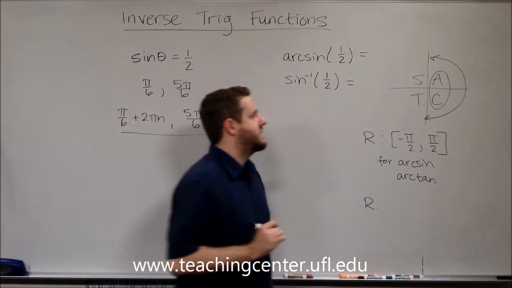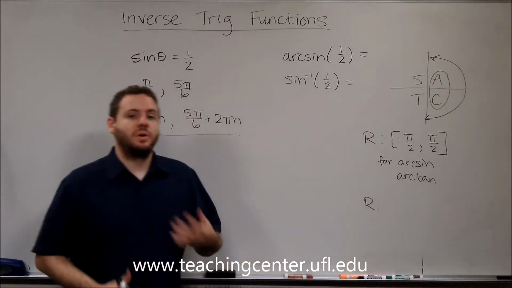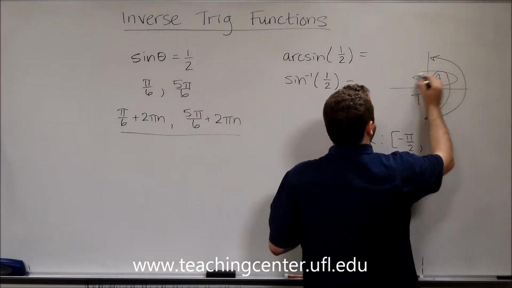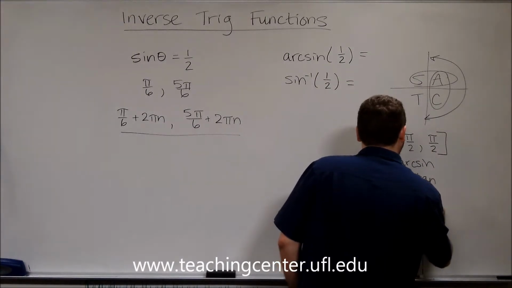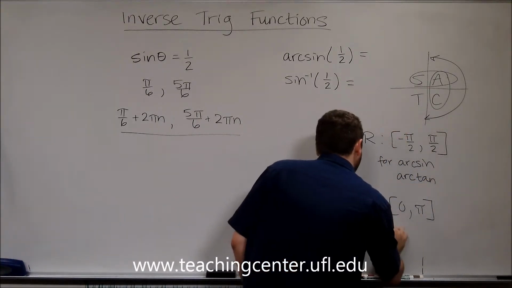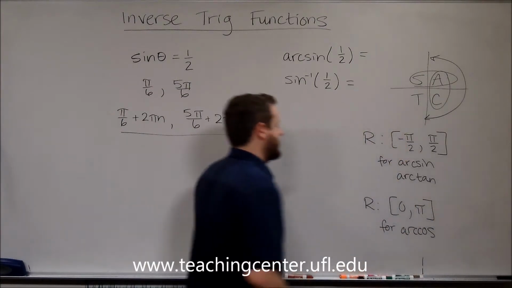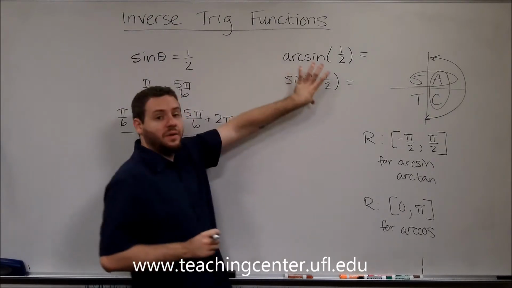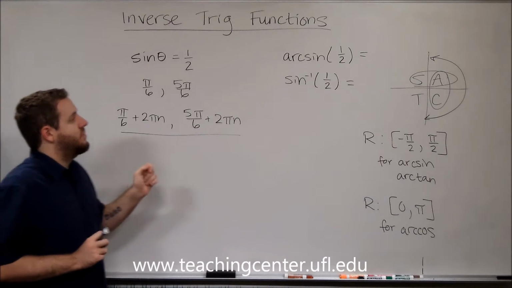However, if we wanted to do cosine, choosing this wouldn't work because that would only give us positive results when we know we can sometimes have negative results. So for cosine, we use these two, which would be 0 to pi, and that's for arccosine.